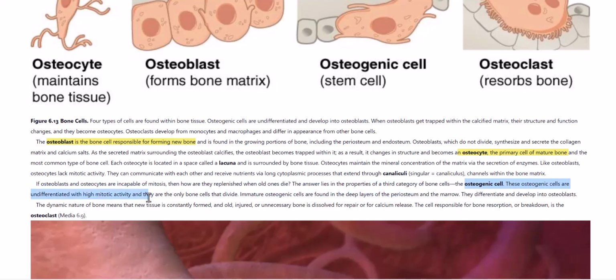They are the undifferentiated, highly metabolic, highly mitotic cells that are in the deep layers of the periosteum and in the bone marrow. And then those osteoclasts, now they come from a totally different line of cells. They are more related to macrophages in that they are breaking things down. And they are not only releasing calcium and phosphate as needed, but they're also helping to form your bones.